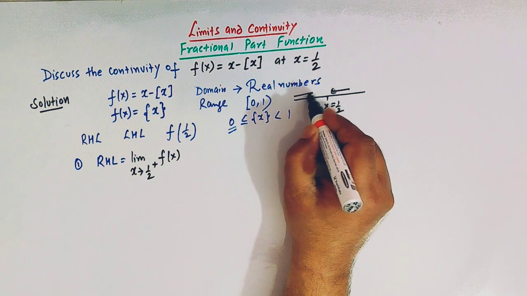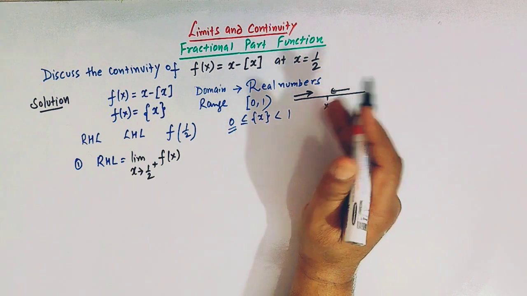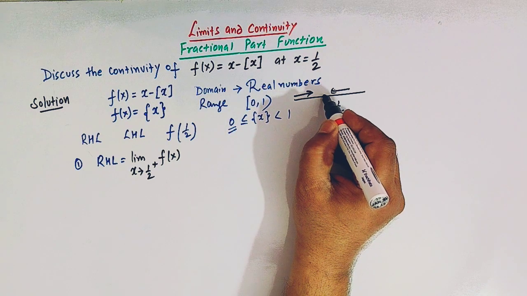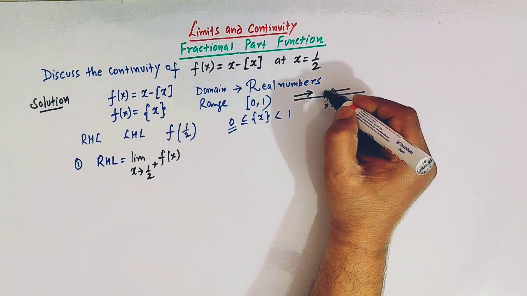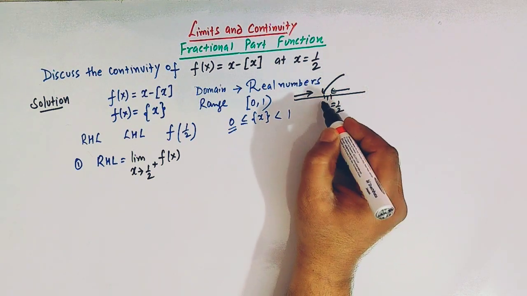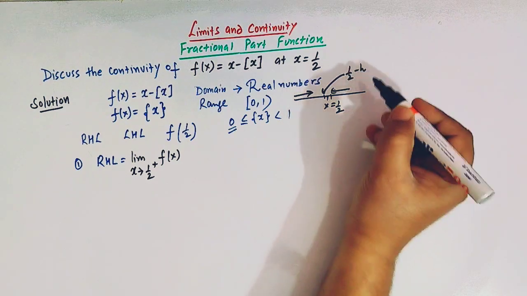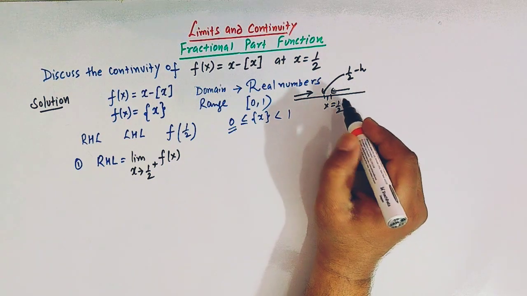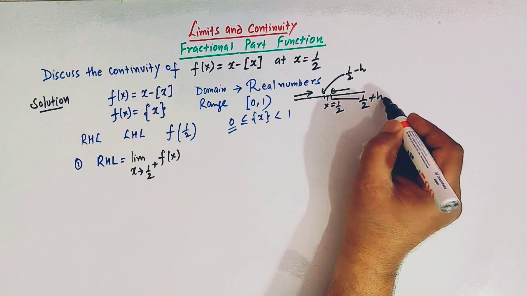And when we find the left hand limit, then we approach from the left of x = 1/2, right? And here we'll take 2 points in the neighborhood of x = 1/2, and the point which lies towards the left of x = 1/2 is 1/2 minus h, and this point which lies towards the right of x = 1/2 is 1/2 plus h, right?